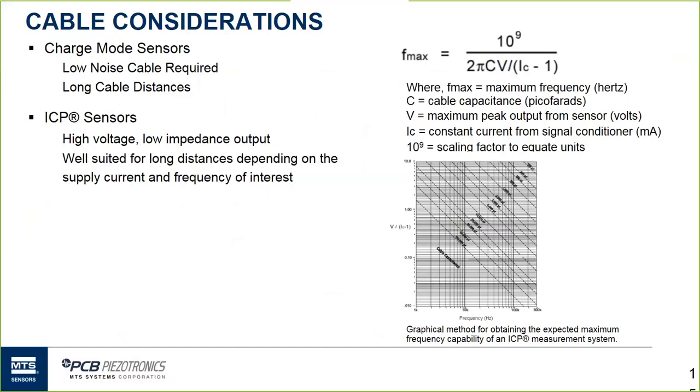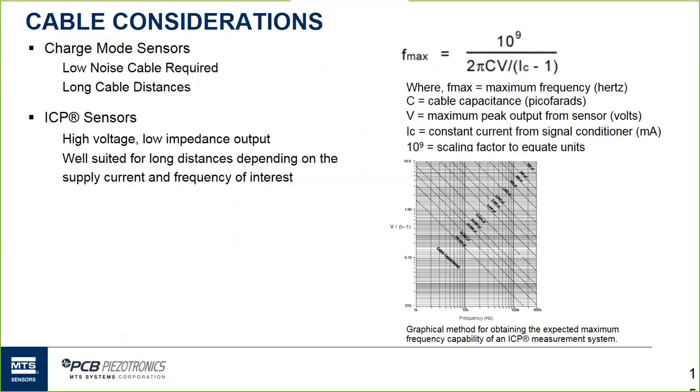Those have no electronics on board and generally are good for higher temperatures. Generally, a lower noise cable requirement exists where we eliminate what's referred to as the triboelectric noise effects of cable movement in charge mode systems. Of course, longer cable distances can be problematic, and there are steps to take to account for that.